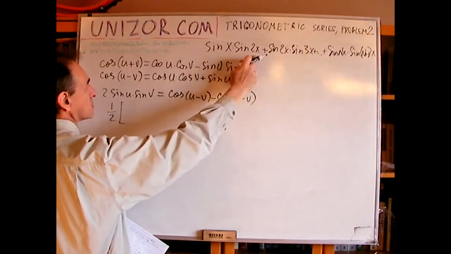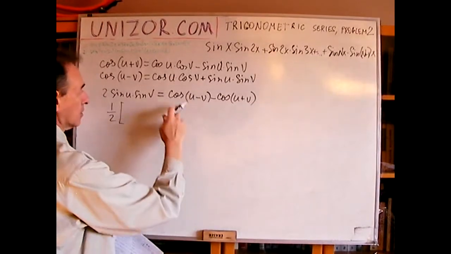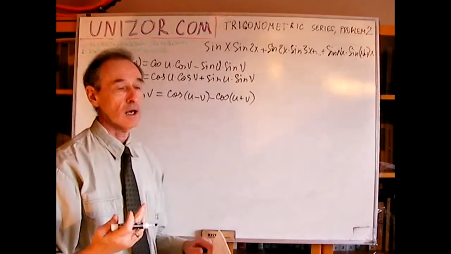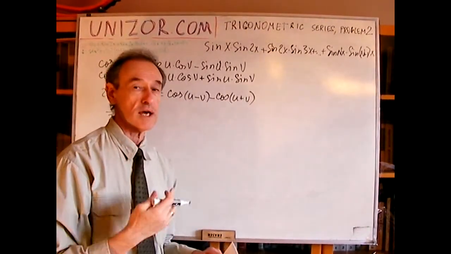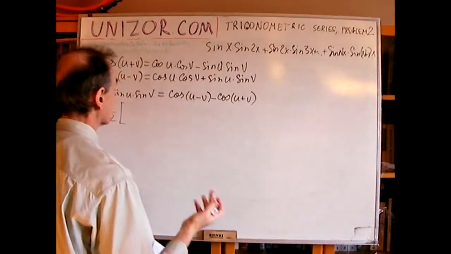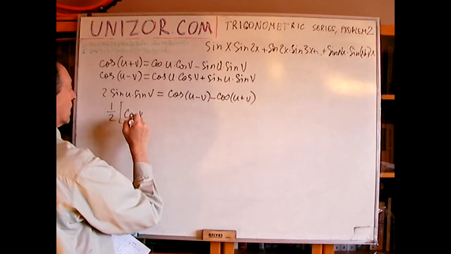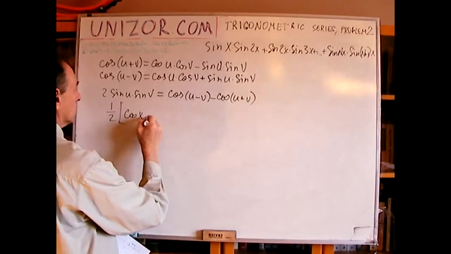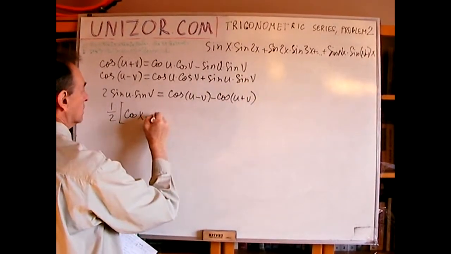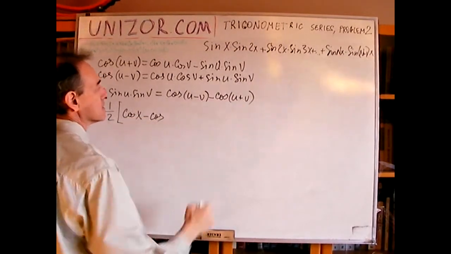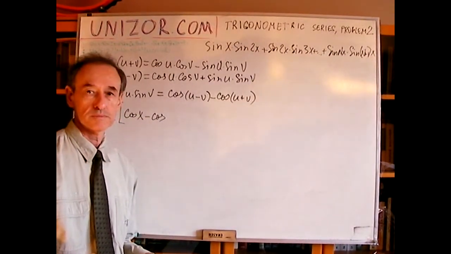So x minus 2x, that's minus x. But the cosine is an even function, so the cosine of a negative angle is the same as cosine of the corresponding positive one. So I will just put cosine of x minus cosine of their sum, u plus v.